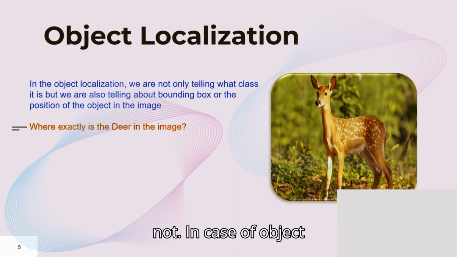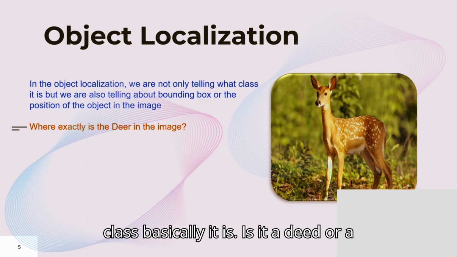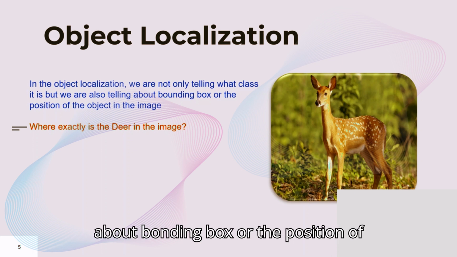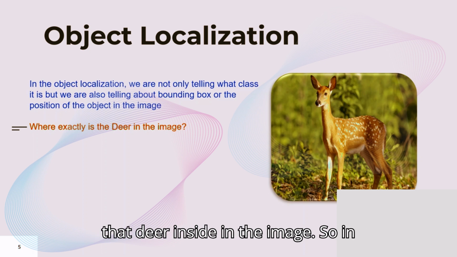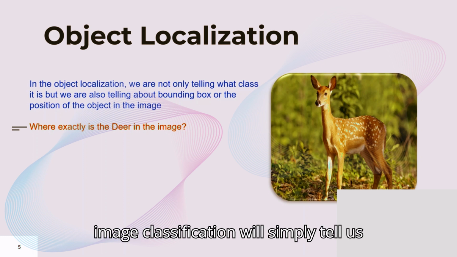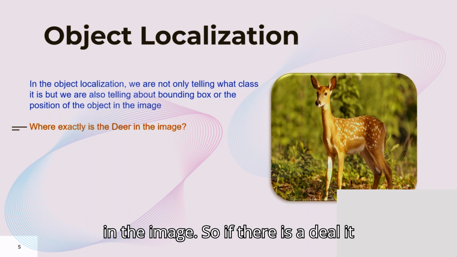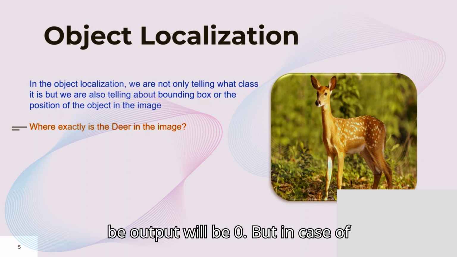In case of object localization, we are not only telling what class it is, whether a deer or a person, but we are also telling about the bounding box, or the position of the object in the image. Where exactly is the deer inside the image? Image classification will simply tell us that there is a deer or some other object in the image. If there is a deer, it will be 1, or if there is no deer, the output will be 0.